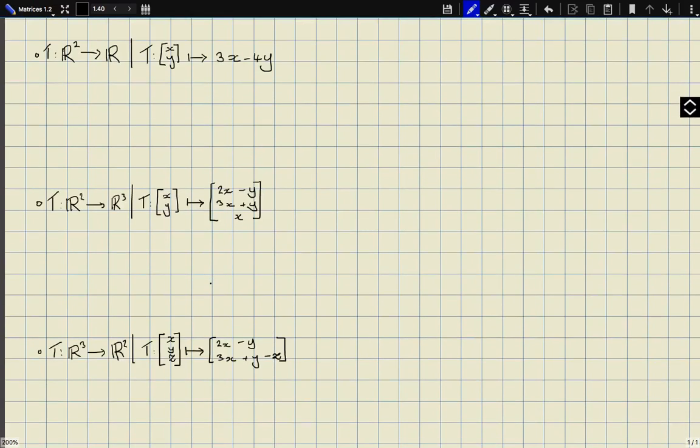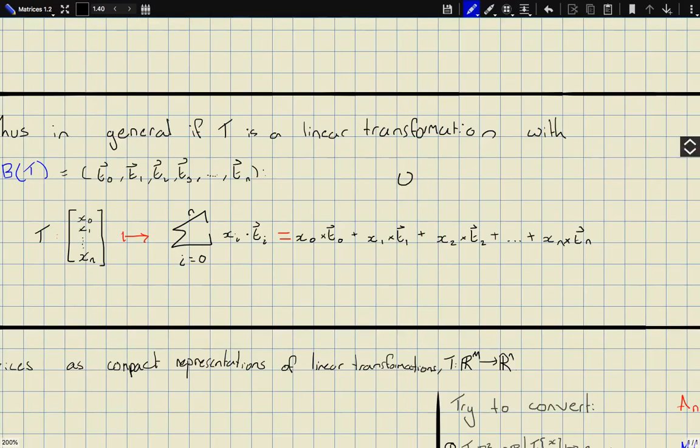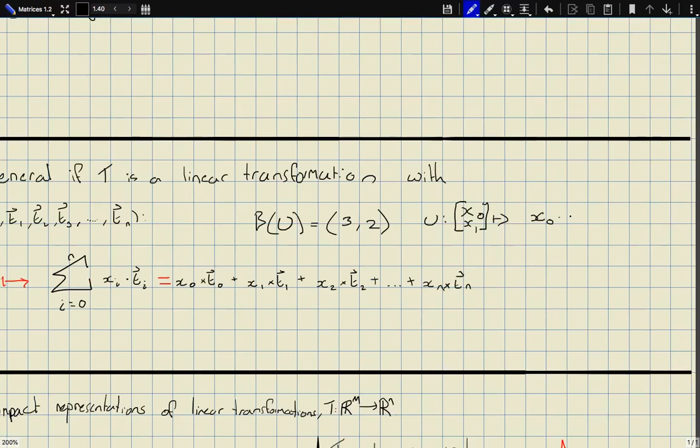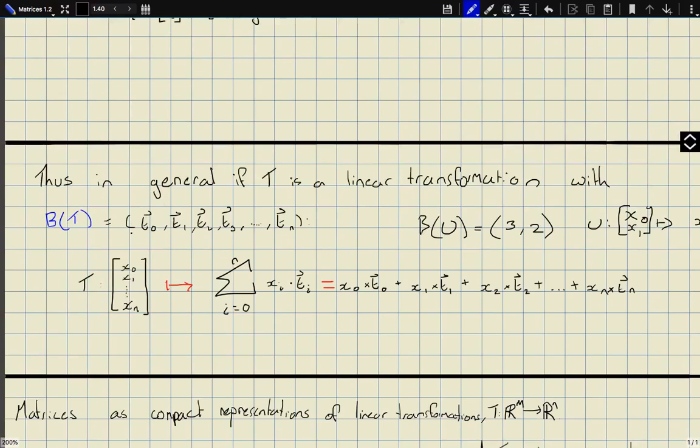And so if we had a transformation U whose basis was, for example, (3, 2), then U would transform (x, y), or if you prefer (x0, x1), into x0 times 3 plus x1 times 2, because this here is effectively your T0 and your T1.